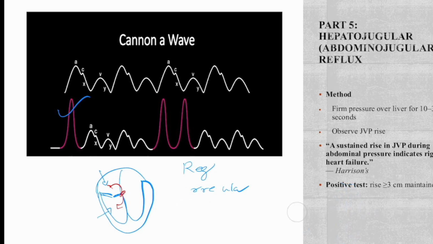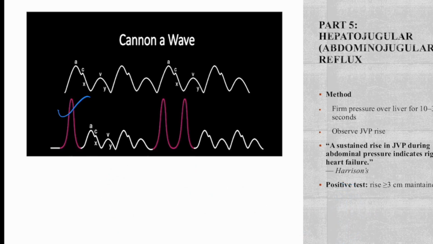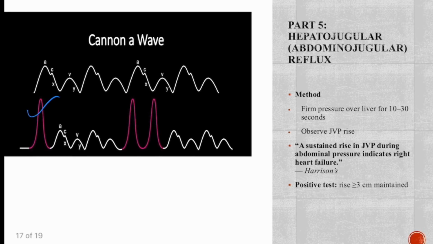Now we think about the hepatojugular reflex. You apply firm pressure over the epigastrium or umbilical region for around 10 to 30 seconds. You press over the right hypochondrium. Observe the JVP.